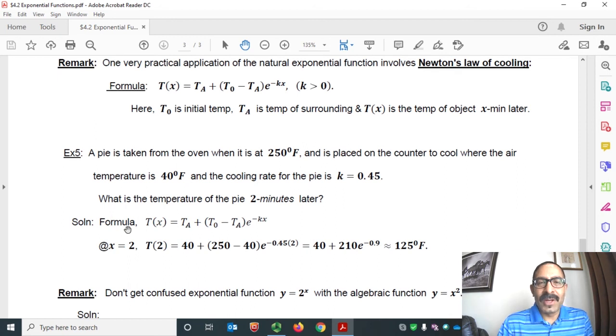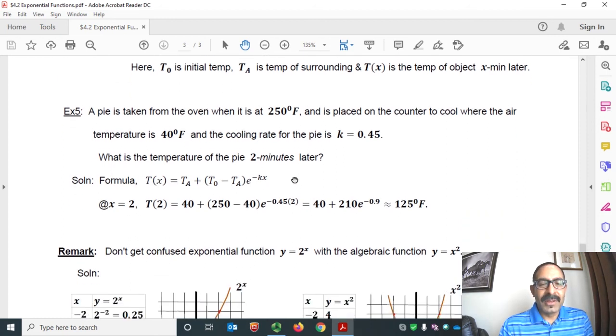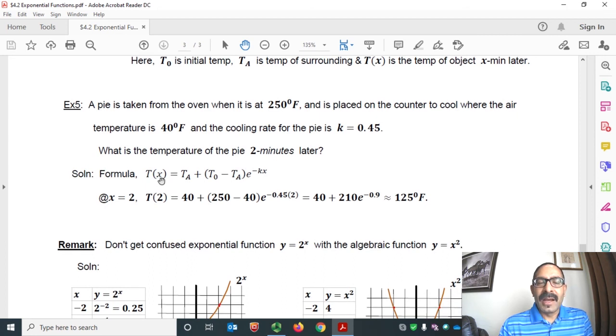So here the formula is, which is here, and now after 2 minutes, that means x equals 2, and here's our TA. The temperature of the surroundings is 40 degrees, the initial temperature is 250, k is 0.45.